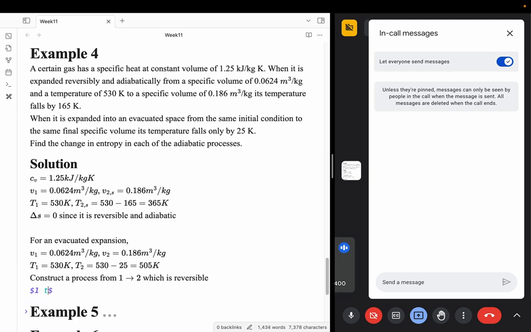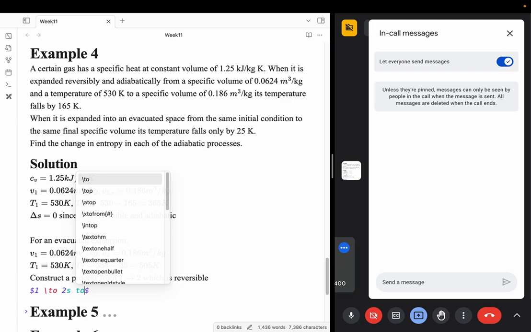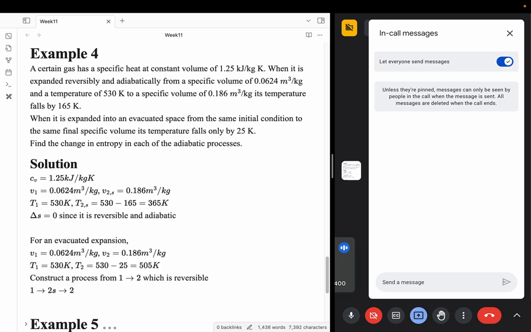So can I do something like 1, 2? I already know 2s, and from 2s to 2, can I do this? 1 to 2s is isentropic. So 2s to 2, what is happening? No, no, 1 to 2s is the expansion.